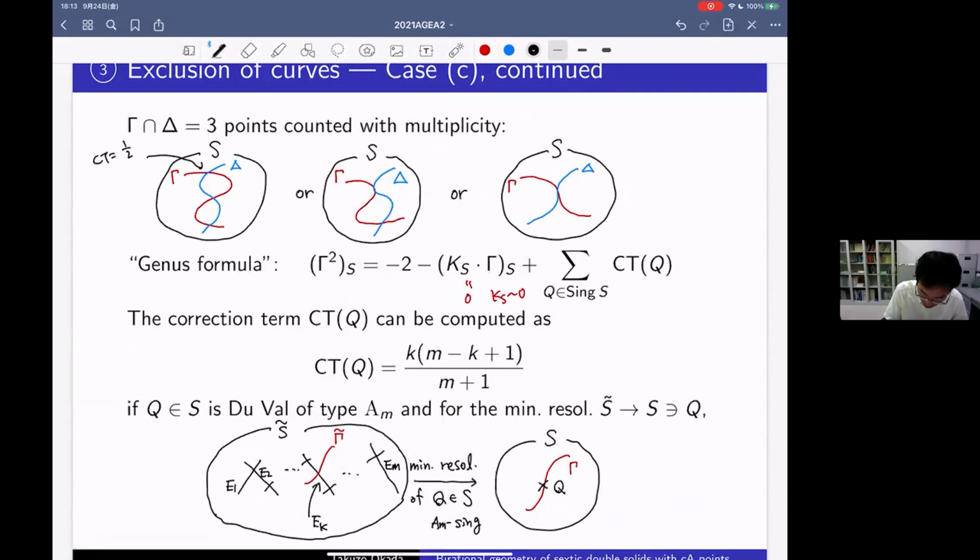And for this multiplicity 2 point, we can show that CT is 1/2 or 1. And for this multiplicity 3 point, we have 1/2 or 1 or 3/2. Okay, we can compute this way.